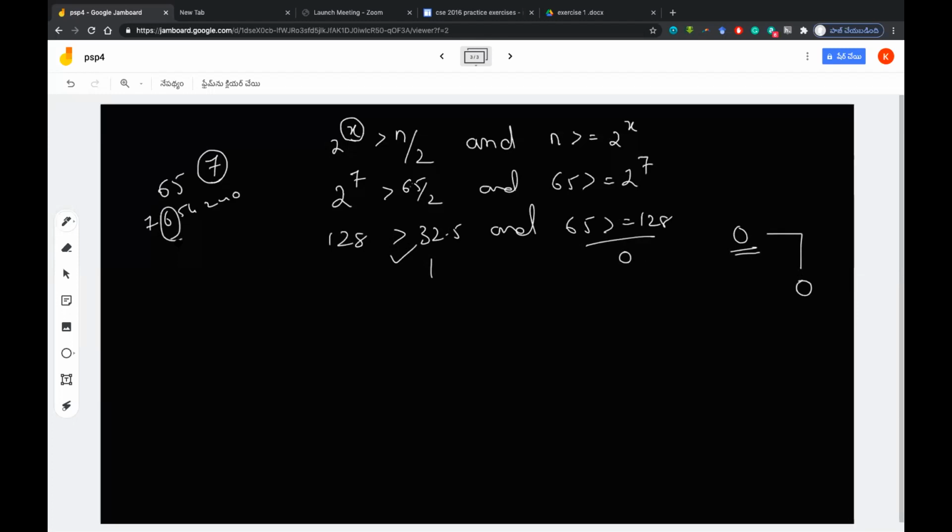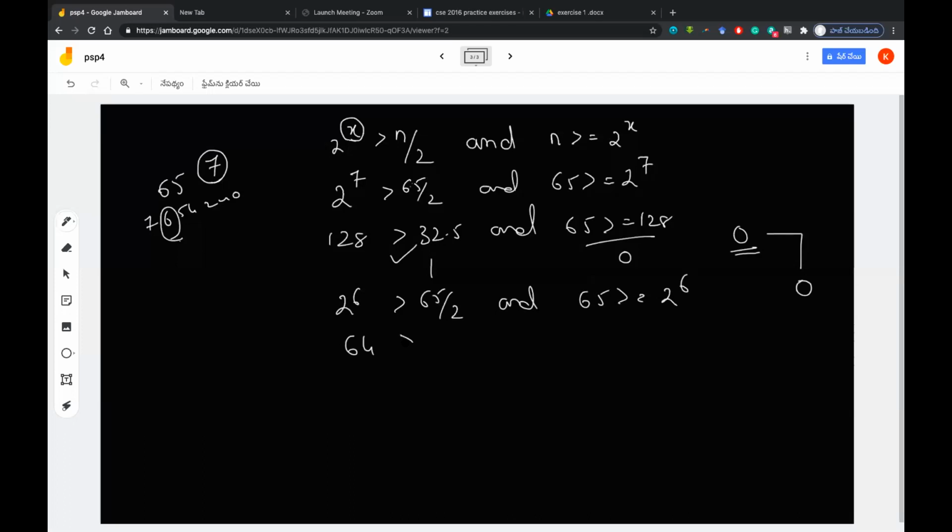So now x will be 6. So it will be again 2 power 6 greater than 65 by 2. I think Shreya asked this doubt. 65 is greater than or equal to 2 power 6. What is 2 power 6? 2 power 6 is 64, right?